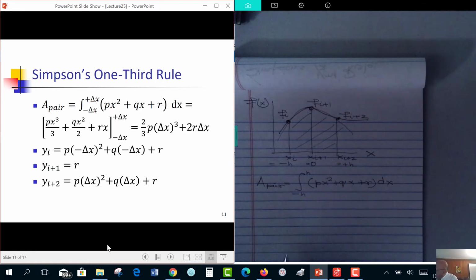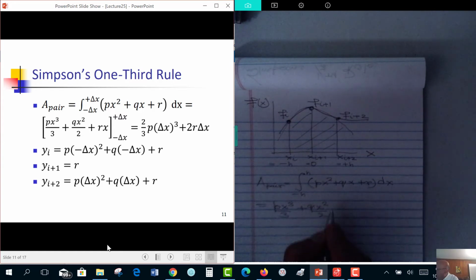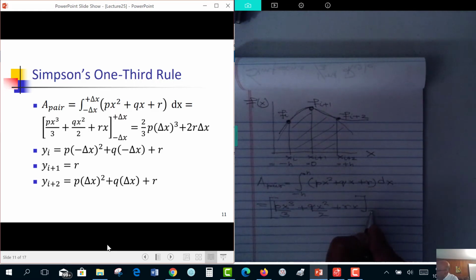So let's integrate this. We'll get px cubed over 3 plus qx squared over 2 plus rx from minus h to plus h.